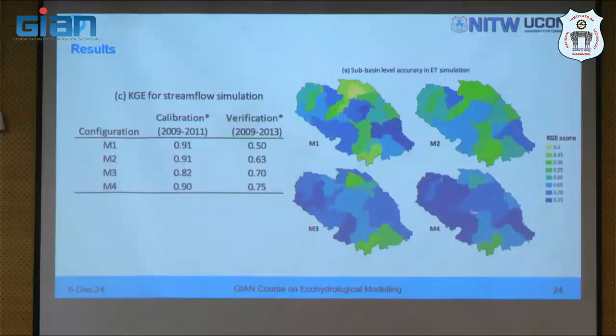But in general, as the complexity increased, it has a better representation of ET. That means our biophysical variables or other ecohydrological variables are probably getting simulated better. The crop growth is getting simulated much better than what was happening with streamflow alone, right? So if you look at just streamflow, it is still 0.9. In validation, it is increasing to 0.75 because your water balance components are probably improving, okay, and that actually helped.